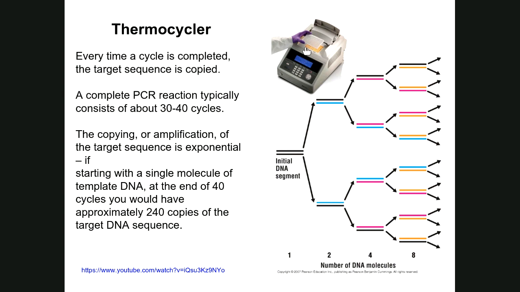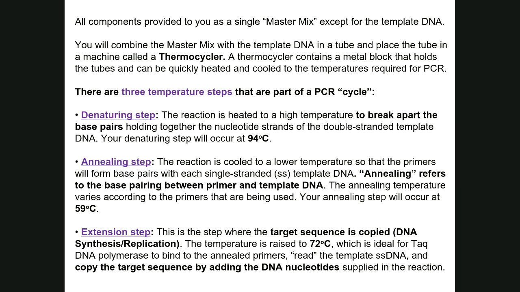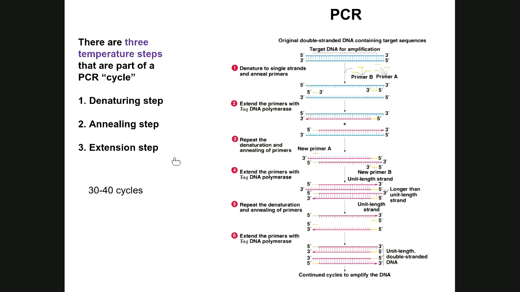The thermocycler would be programmed to take your PCR reactions, those 5 components in PCR tubes, through 3 temperatures.